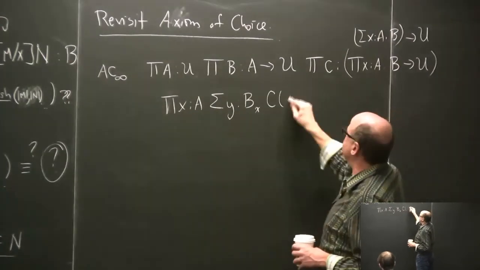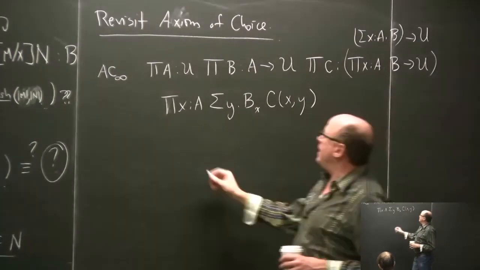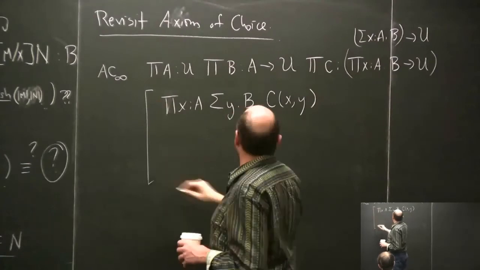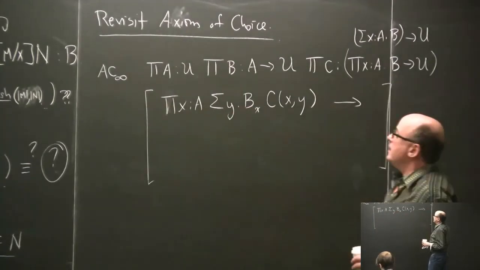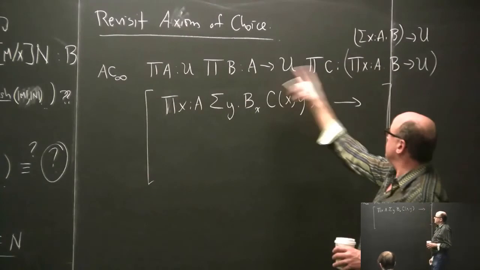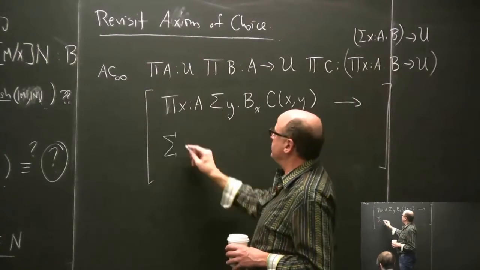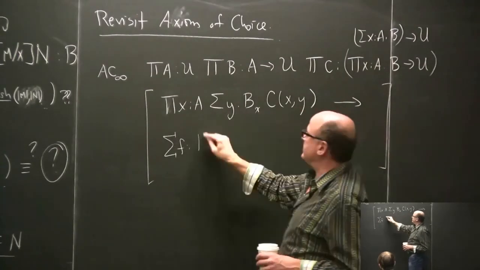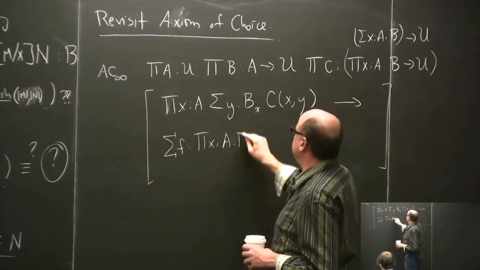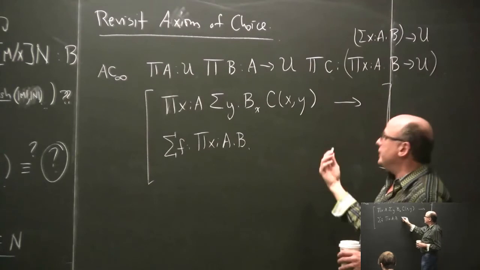If that is the case, this is what we said before, so I'll put this part in brackets because it's inside the string of quantifiers here, then there's a choice function. So there is an f, and it will be from pi x in A, B. What does it do?